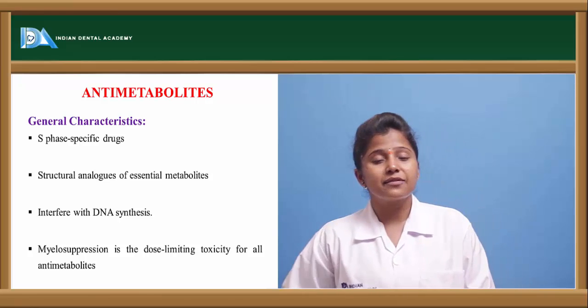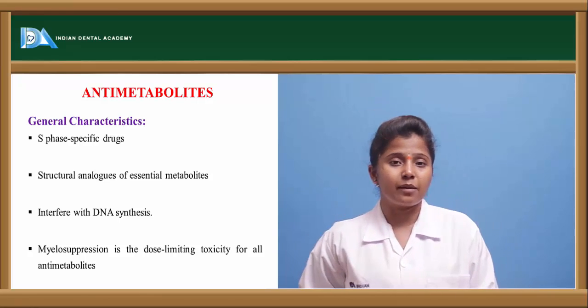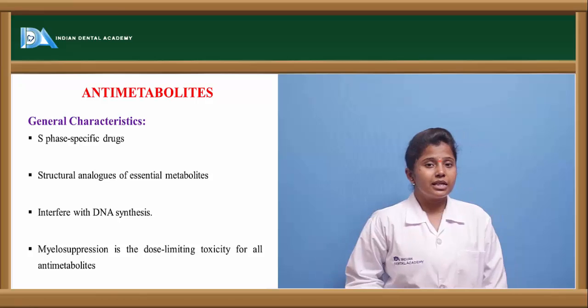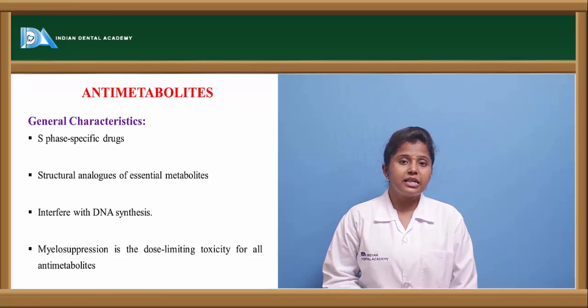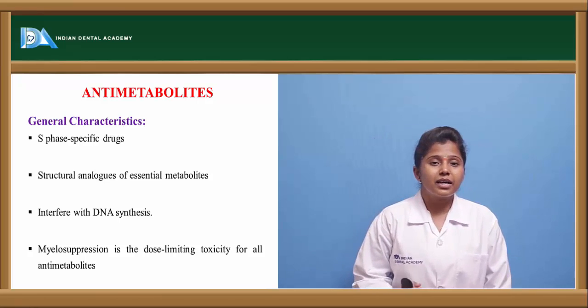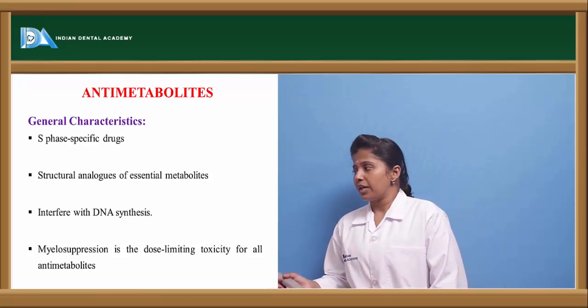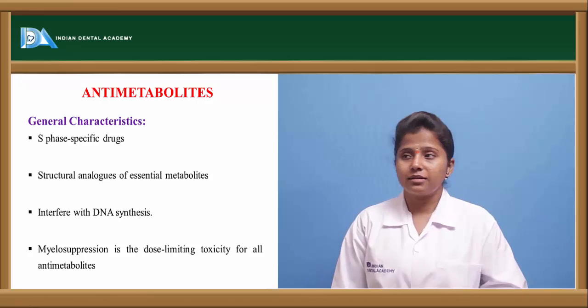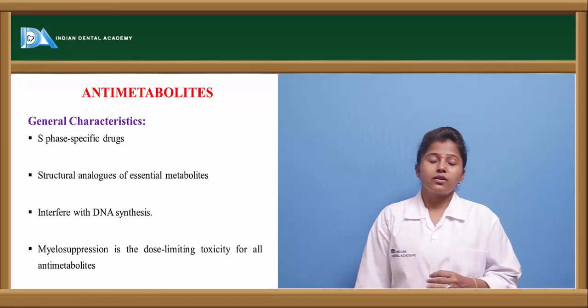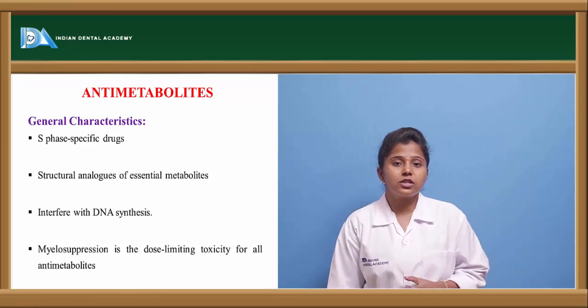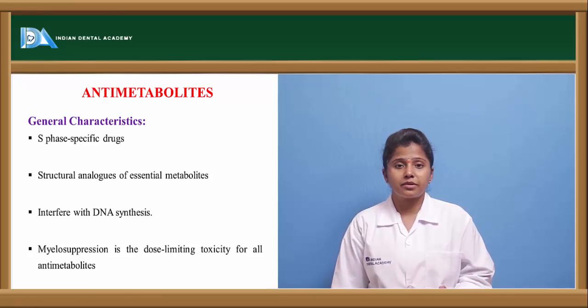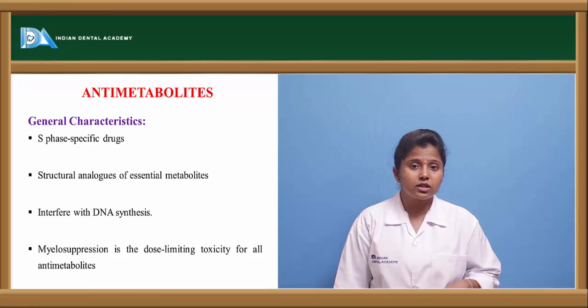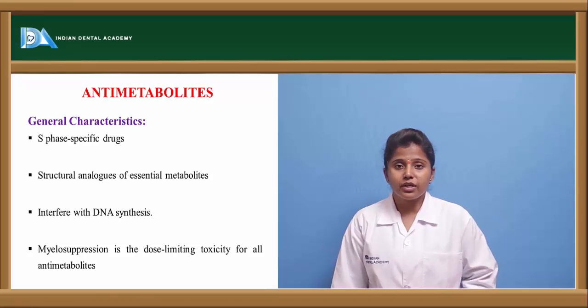S phase is a phase where the DNA synthesis is taking place. So these prevent the DNA synthesis, thereby cell growth is not observed, and there will be myelosuppression. One of the toxicities of these anti-metabolites is myelosuppression. If they are given in higher doses, it causes suppression of the immune system.